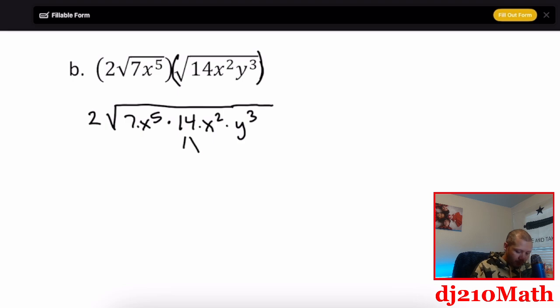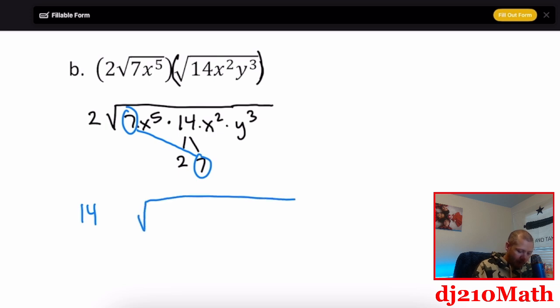So if we start simplifying now, right, and then there's 5 x's and 2 x's. So let's just do the numbers first. So here's a 7 and here's a 7. That's a pair, right? It's doubles. These 7s can come out as a single 7 and multiply against the 2, which would make 14 outside. And then left inside right now is just the 2.